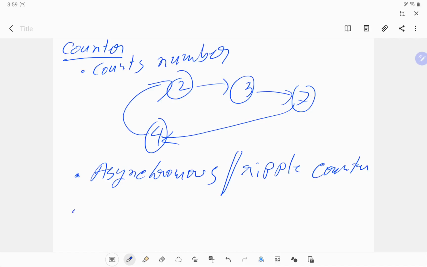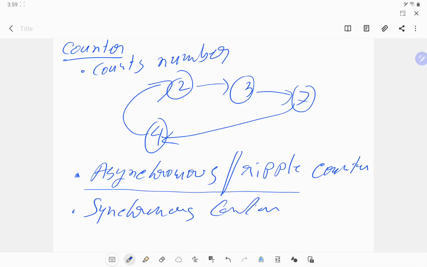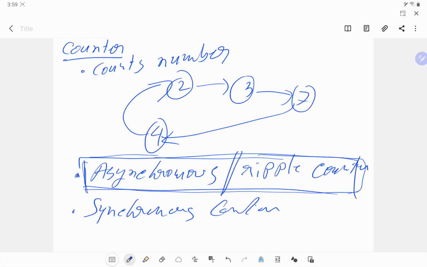On the other hand, for the synchronous counters, there is a common clock pulse for every flip-flop. These asynchronous counters are very difficult to design, and we'll study the asynchronous counter a little bit. We'll also study the synchronous type of counter in detail.